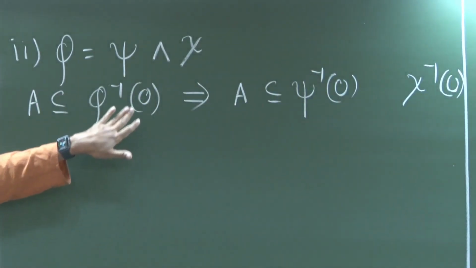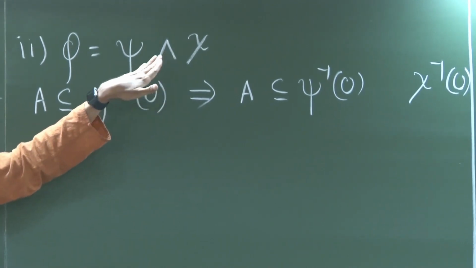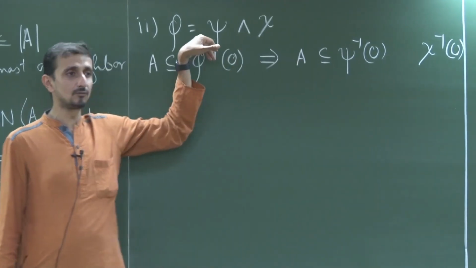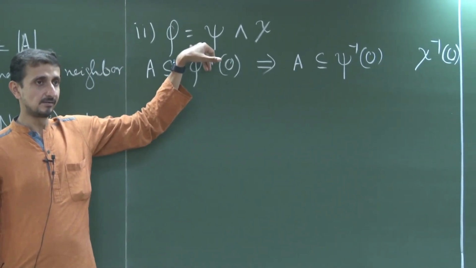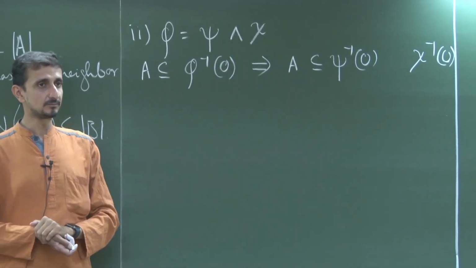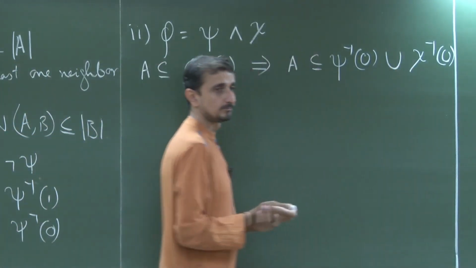Suppose I have an input, so what does the AND mean? If I have a 0 over here or a 0 over here, it is a 0 over here, right. So, if one of these two goes to 0, then it will go to 0. So, it will be a union, not an intersection. Okay.